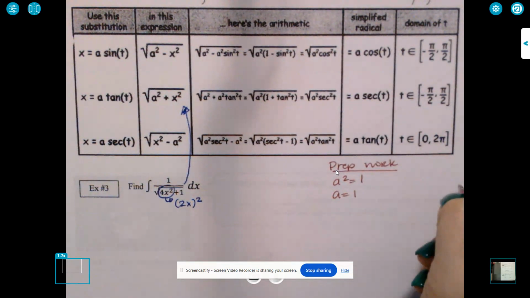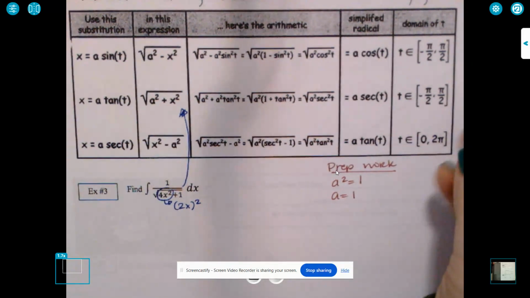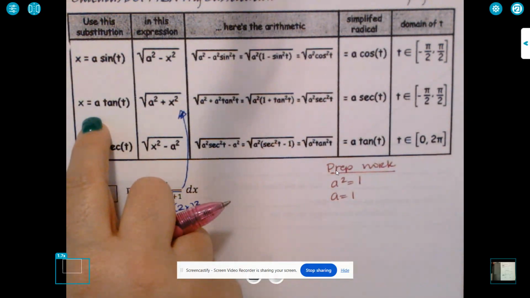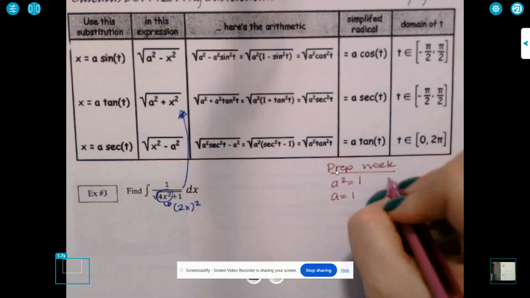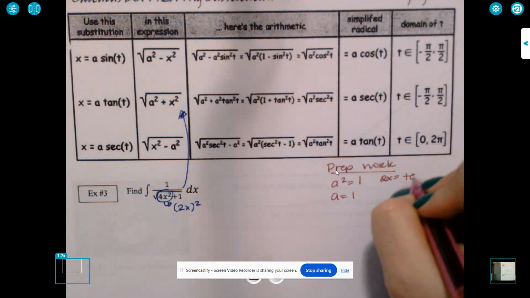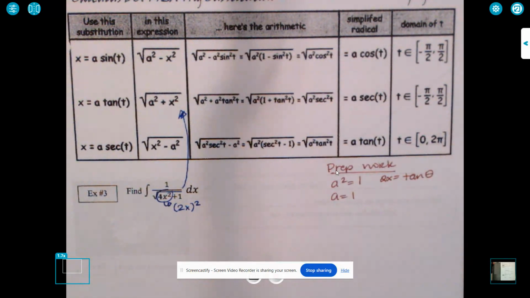All right, now this time our x is 2x. Okay, so right here, our x is 2x. So 2x equals a is 1 tangent theta. They use t's instead of thetas.